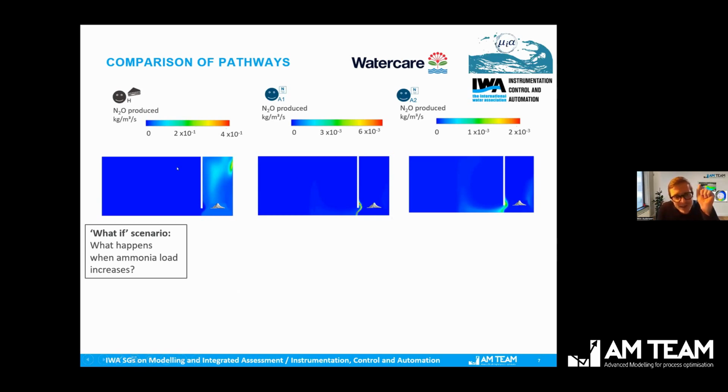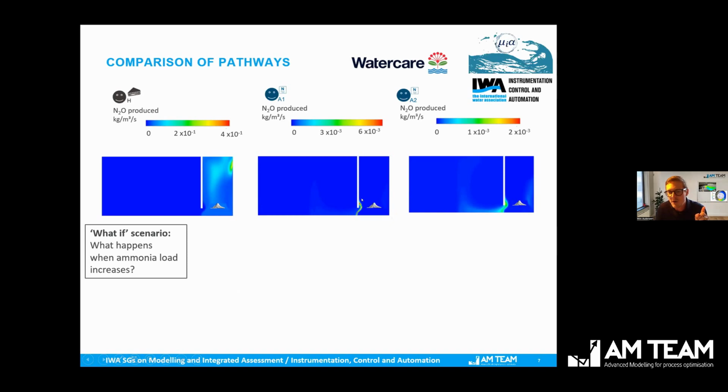And what you can see is that in most of the reactor, dark blue, there is almost no production. But the production of N2O really happens in a very small volume proportionally in your reactor. So the heterotrophs, of course, mainly do it here when there is a feed, when there is high ammonia. And the autotrophs do it mainly because in this case, you have a local recirculation of some oxygen.